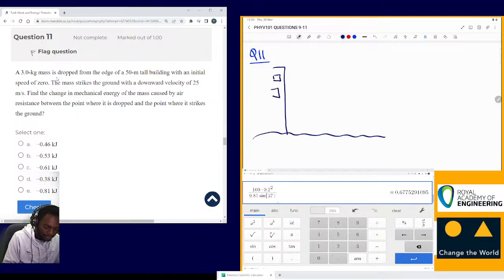This is our building, 50 meters tall. That should be a skyscraper, right? So this is our mass of 3 kg. What are we told?